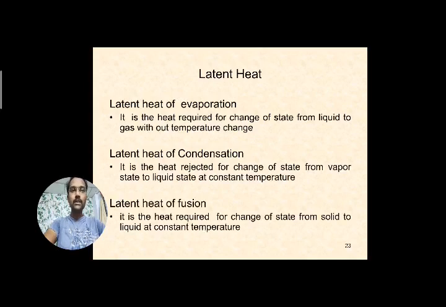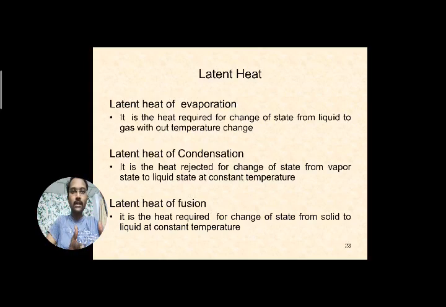Coming to the first one, latent heat of evaporation: it is the heat required for change of state from liquid to gaseous form without change in temperature. In the term itself it has evaporation, meaning changing from liquid to vapor form. So how much heat is required for that without change in temperature? Only the phase change takes place here.